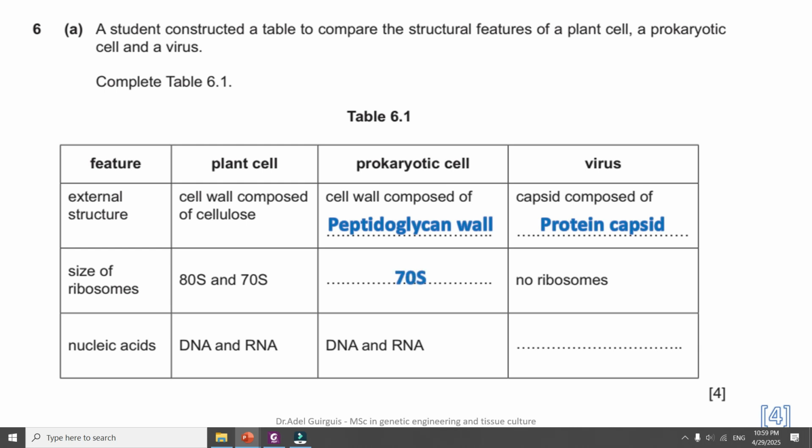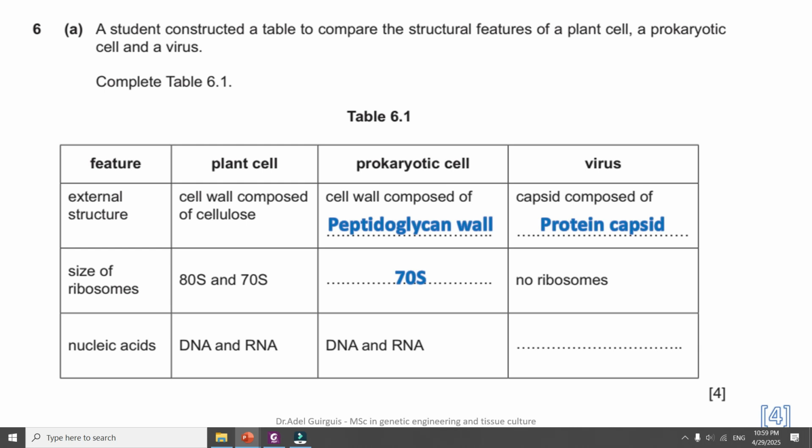What about the size of ribosomes? For plant cell, 80S ribosomes are found on the rough endoplasmic reticulum or free in the cytoplasm, and 70S ribosomes are found in the chloroplast and the mitochondria also.